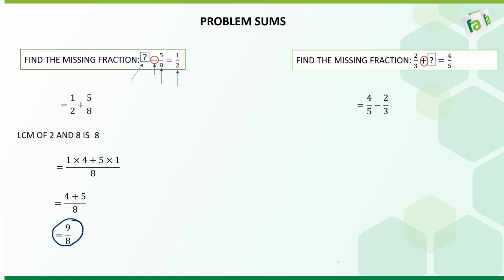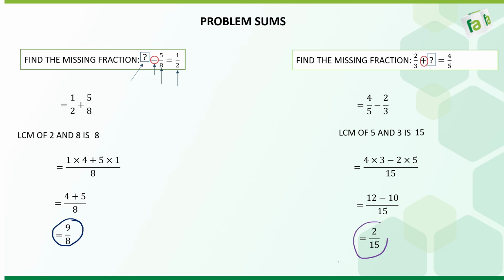Then we have to take the LCM of the denominators 5 and 3, and the LCM of 5 and 3 will be, correct, 15. By solving the numbers, we get 4 into 3 minus 2 into 5 by 15. This will give us 12 minus 10 by 15. Thus, our missing fraction is 2 by 15.